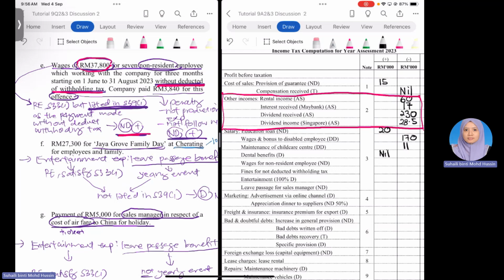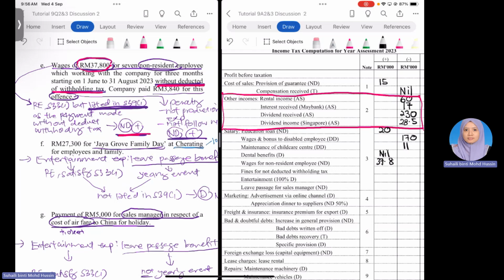So it's listed under prohibited deduction, section 39 subsection 1. So the amount becomes non-deductible, and you have to add back 37,800 ringgit, for the amount on which you did not deduct the withholding tax when you paid the wages to the non-resident employee.